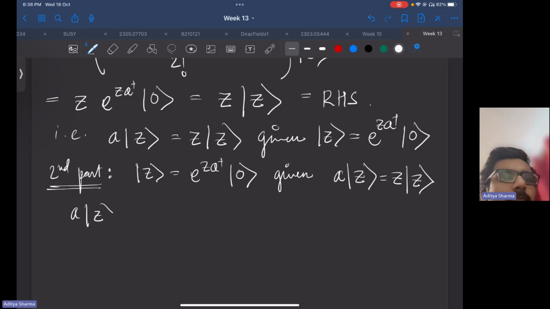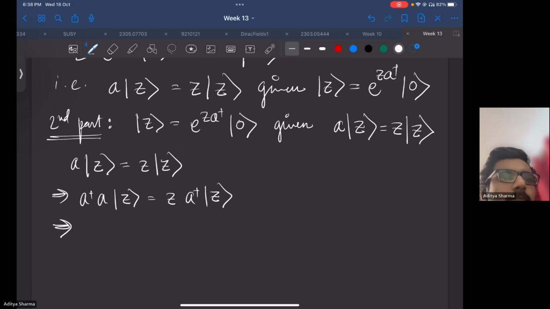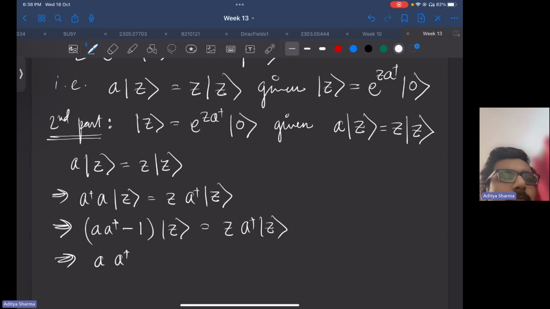So we'll have to start with this only. Now I'm going to operate a dagger on it.